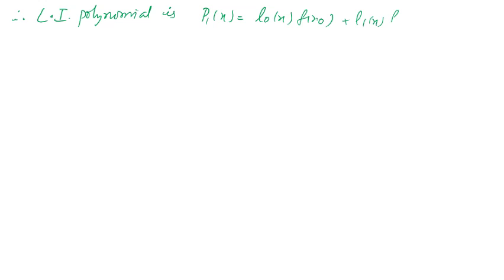Therefore, Lagrange's interpolating polynomial is P1(x) = L0(x) f(x0) + L1(x) f(x1).